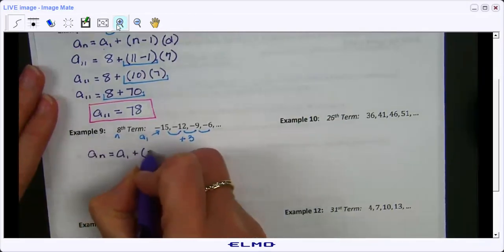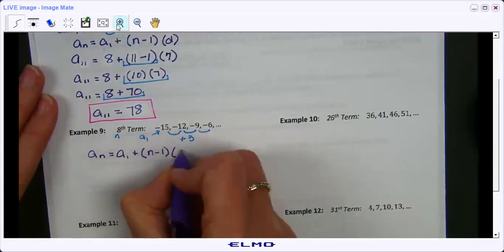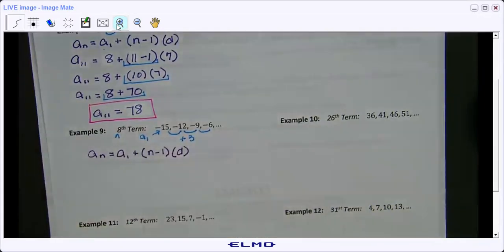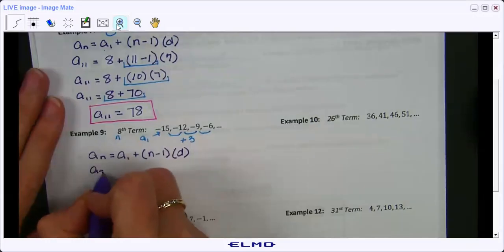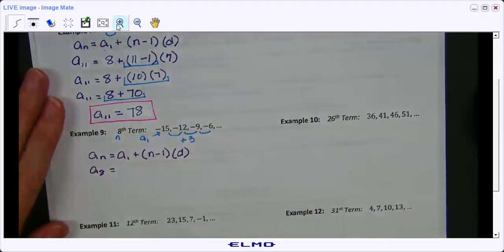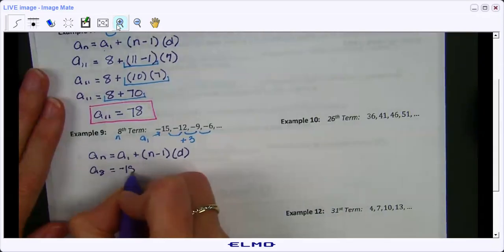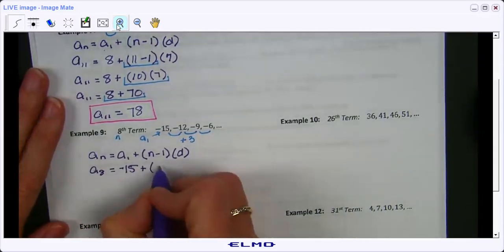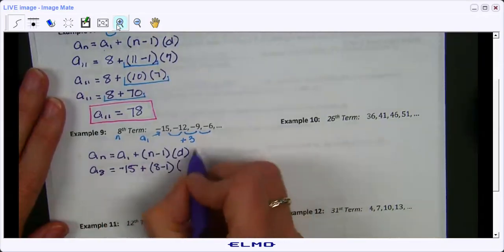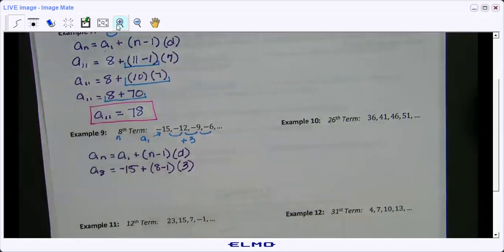Okay, so let's see if I can plug this in right. I'm going to write out my equation first. So my n is 8. I'm looking for the 8th term. My first term is -15. I'm going to add that to the 8th term minus 1 times my common difference of 3. All right, do I have that right? Yes.